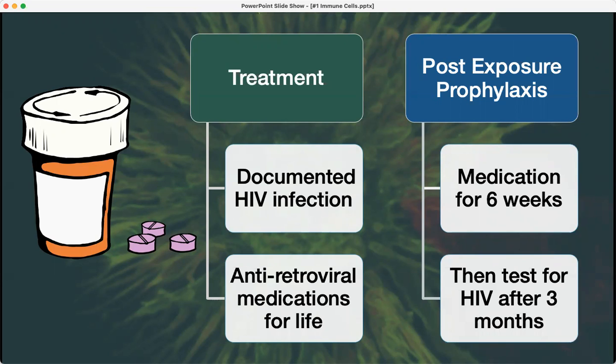For people that have had exposure to blood, as soon as they believe they've had an exposure to someone with HIV through blood or bloody needles, they go on the same medications for 6 weeks to try to kill off the virus before it has a chance to attack the T cells. Then they get tested after 3 months, and again after 6 months before they're considered free of HIV.